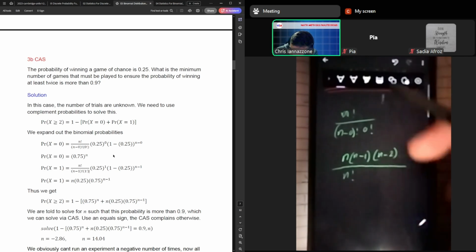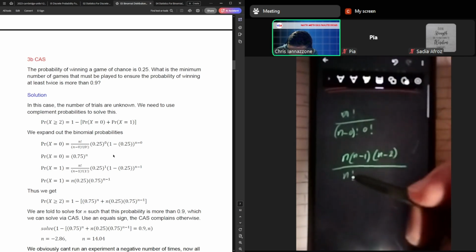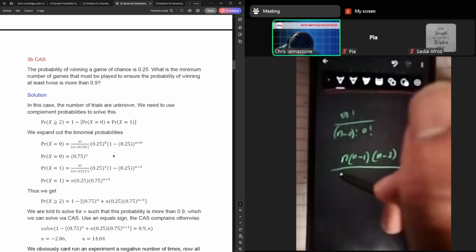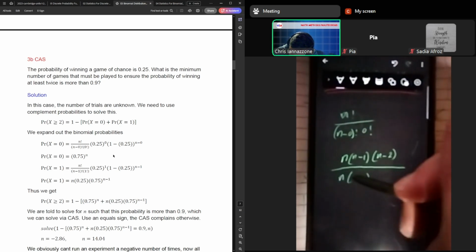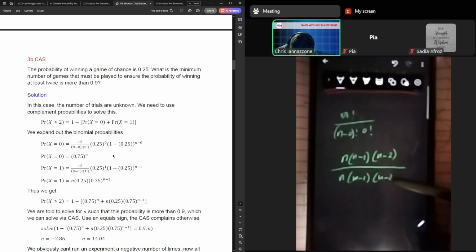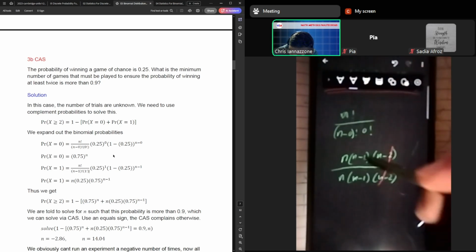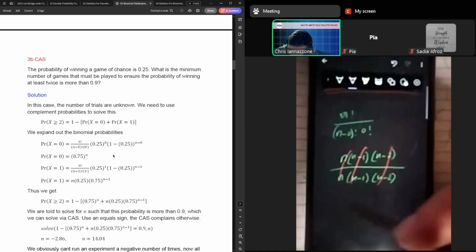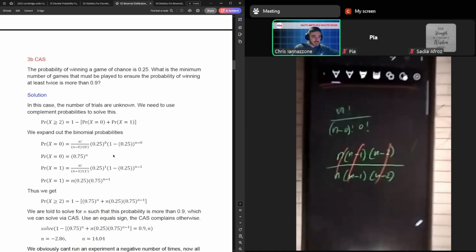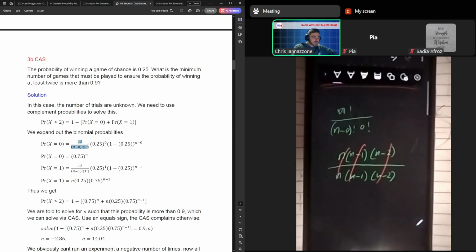We've already got this pattern from before, so again, you're going to have n minus 1, n minus 2, and you can see these factors all cancel. So this is just going to go down to 1, which is why if you look again at the book, you'll see that that whole thing disappears. Power 0 also disappears, and you're just going to be left with 0.75 power of n.